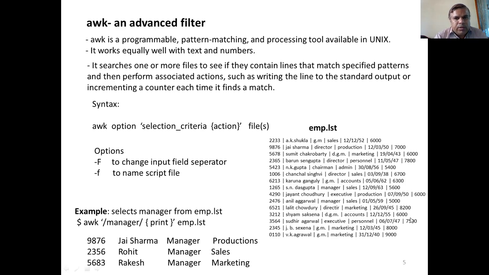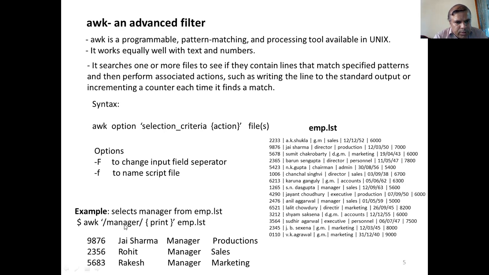We will take this file as an example, and from this file we want to select the employees whose designation is manager. Here is the AWK command. Go to the shell prompt and type awk and the selection criteria. The selection criteria is nothing but the pattern or regular expression, so we have to enclose it in slashes.